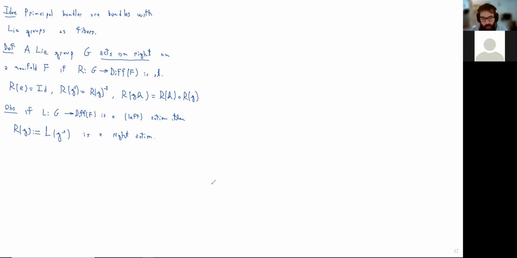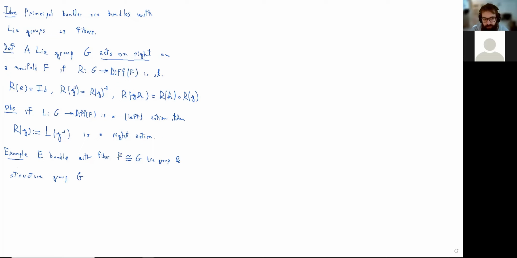Okay. And let's immediately start with our first example of such an action, which is important for us. So if we have E, a bundle with fiber F, which is diffeomorphic to a Lie group G, and structure group, so when you have a bundle, I have to specify the structure group, G itself.